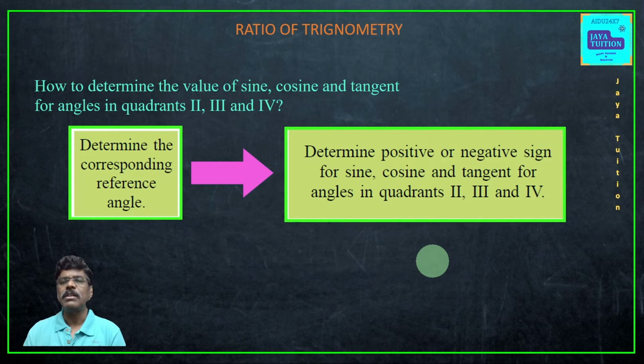In the first quadrant, all the ratios sine, cosine and tangent are positive. In the second quadrant, only sine is positive. In the third quadrant, tangent is positive, and in the fourth quadrant, cosine is positive. So once again, in the first quadrant all are positive, in the second quadrant sine is positive, in the third quadrant tangent is positive, and in the fourth quadrant cosine is positive.